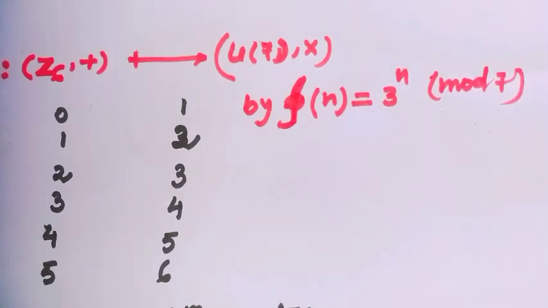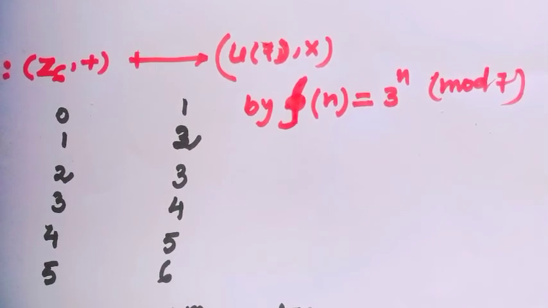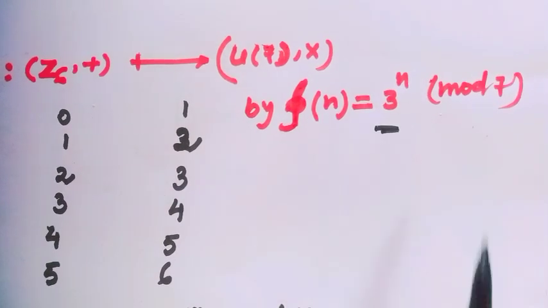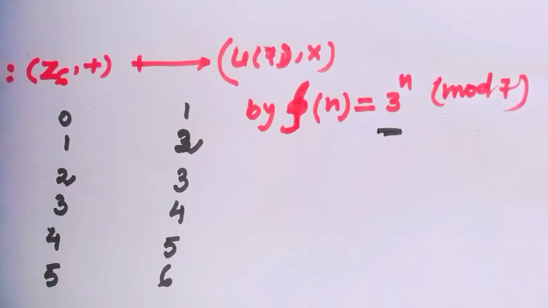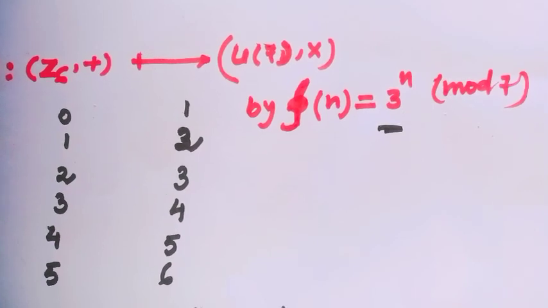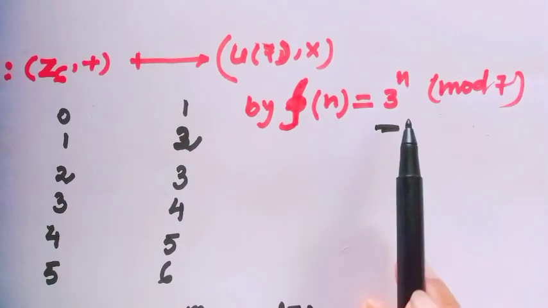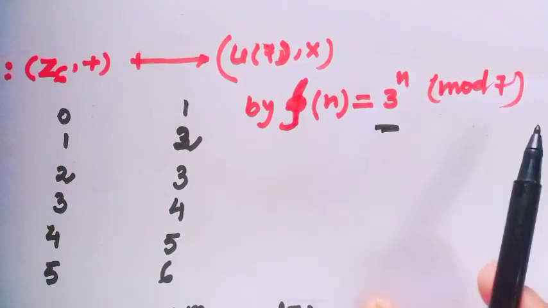I have defined here f of n equal to 3 to the power n in modulo 7. Why have I defined it this way? I hope all my viewers have already understood. As before, this is 3 to the power n with modulo 7.